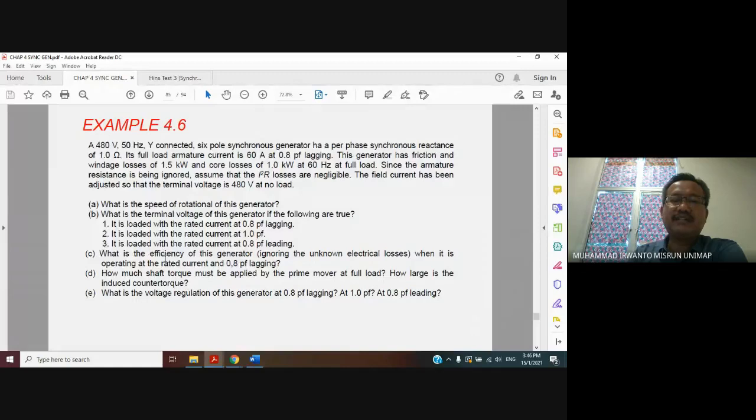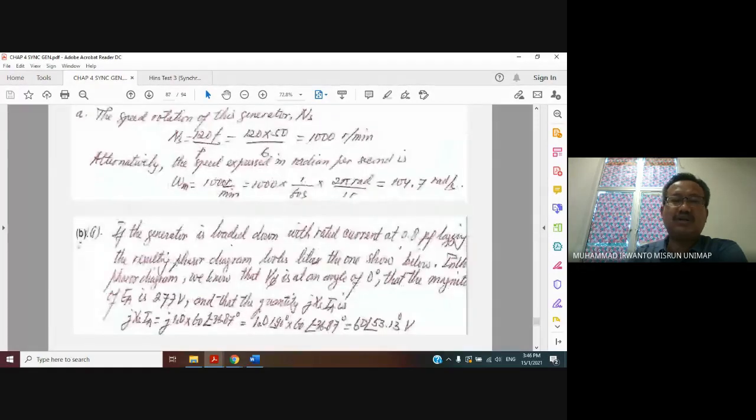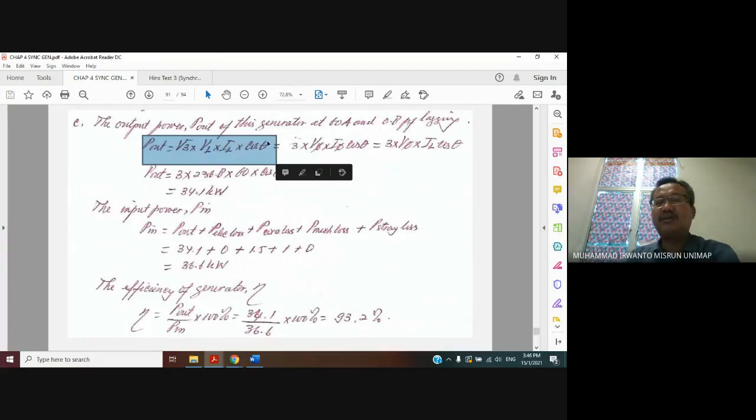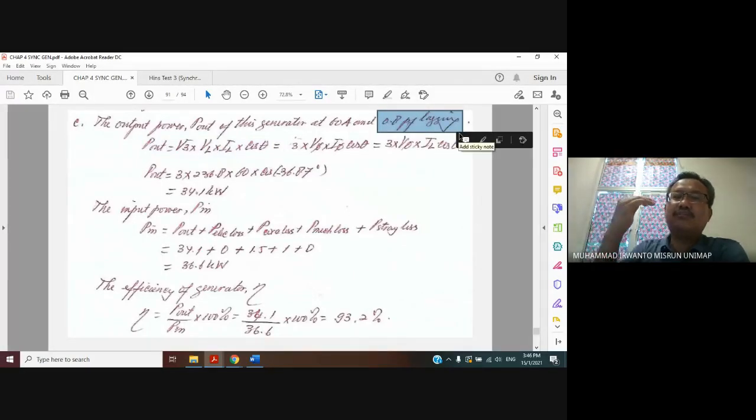Yeah, what is the efficiency? Efficiency is equal to output power divided by input power. Now, so meaning you have to find the output power. Output power is equal to square root of 3 multiplied by line voltage multiplied by line current multiplied by cos theta. Yeah. And then it is for the 0.8 power factor lagging. Now, so please take the value phase voltage or line voltage for the power factor 0.8 lagging.